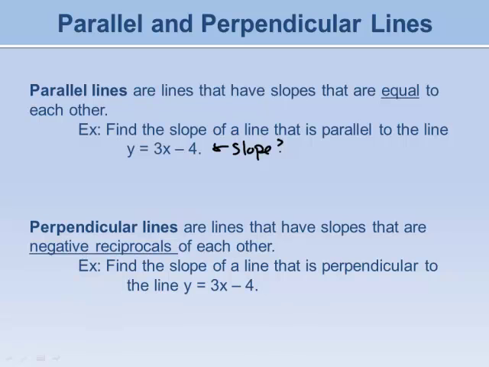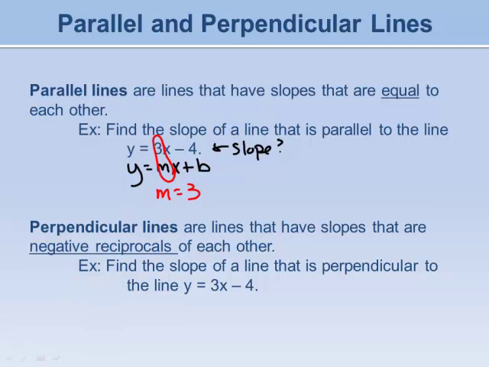In this case, that's fairly easy because this is in slope-intercept form, or y equals mx plus b form. And you know that in slope-intercept form, the slope value is simply the coefficient of your x variable. So in this case, our slope is 3 for our given line.